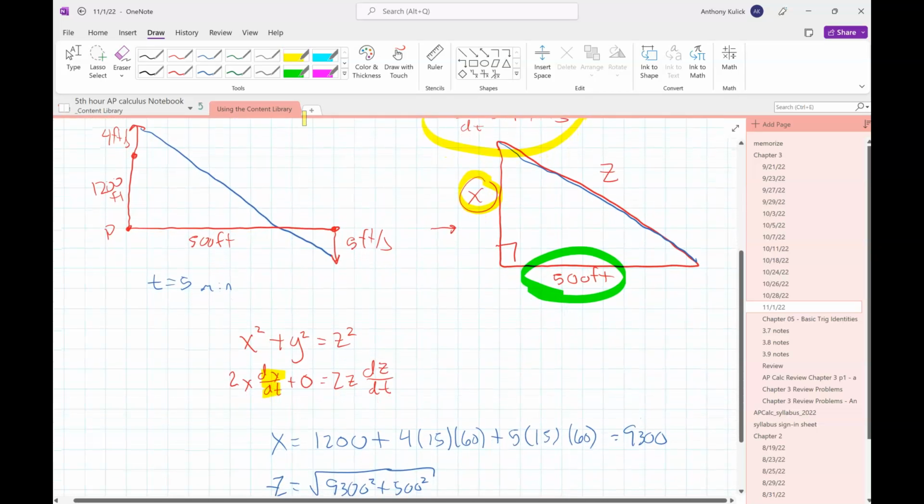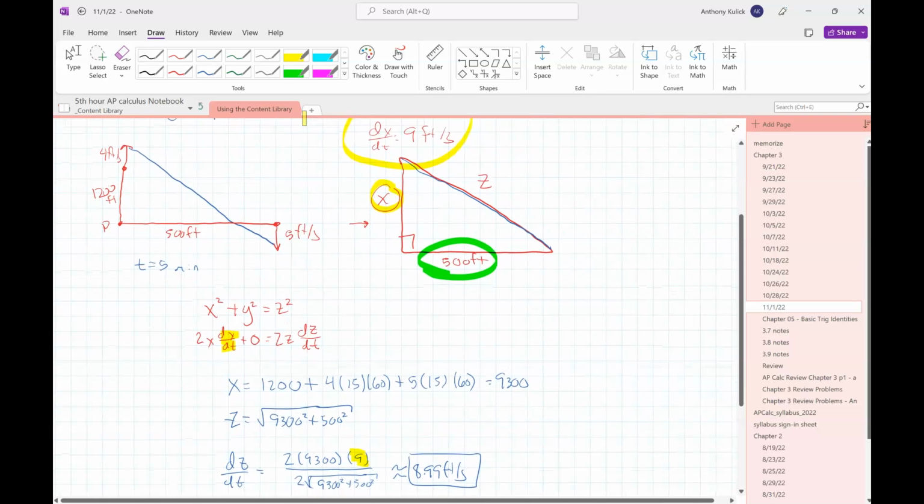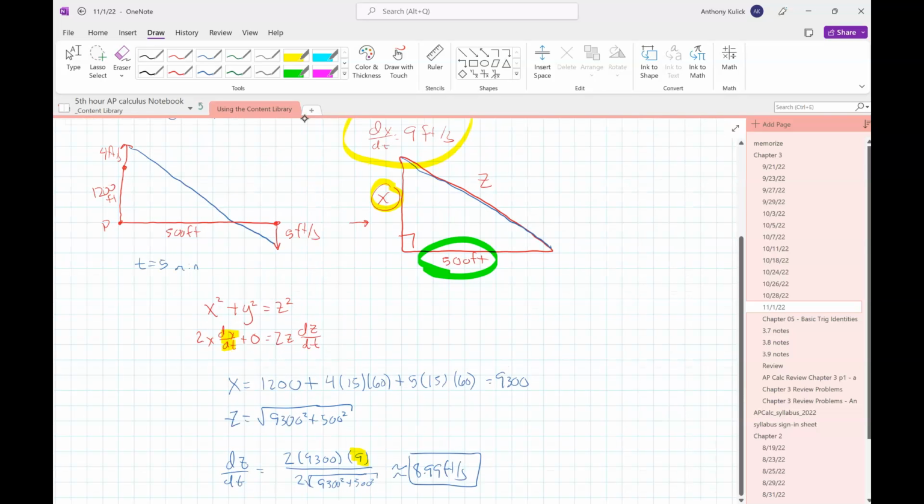Mia? So, like, in general, how do you know when to make those rates negative? Or would it be, like, with the example of the cars. So here's what I would say. These people are getting further away. That's why I know their rate should be positive. If they were getting closer together, then the rate should be negative because the distance between them should be shrinking, right?